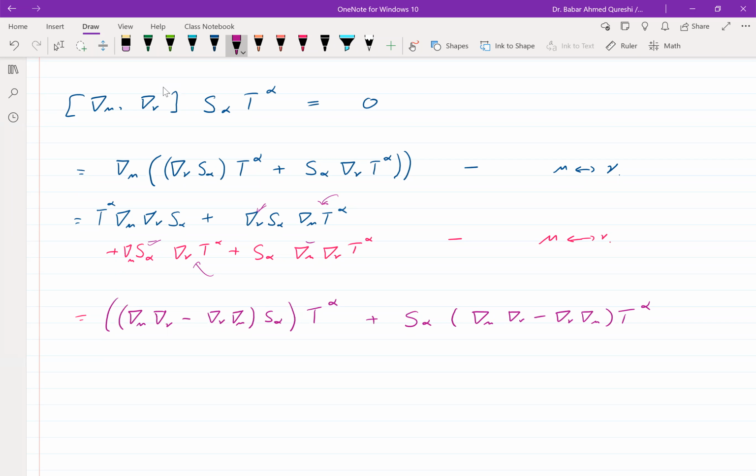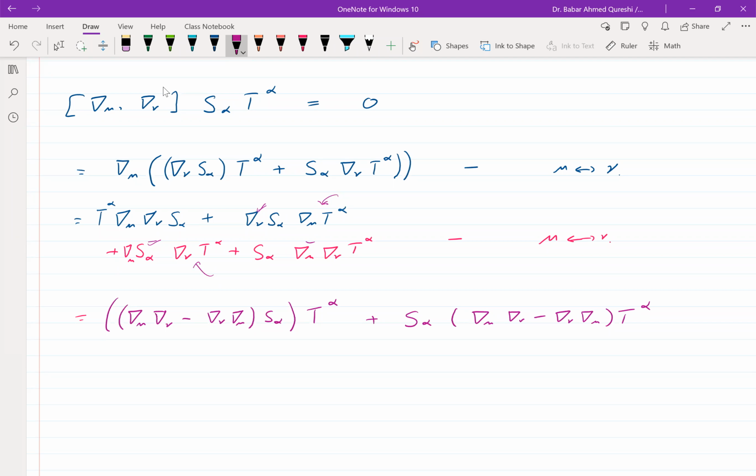Because I have a mu nu here, and in this term, when I replace nu with mu, I get a mu nu, which is exactly this, mu acting on alpha and nu acting on alpha. But this time it comes with a negative sign, so it exactly cancels. So this is all you get.